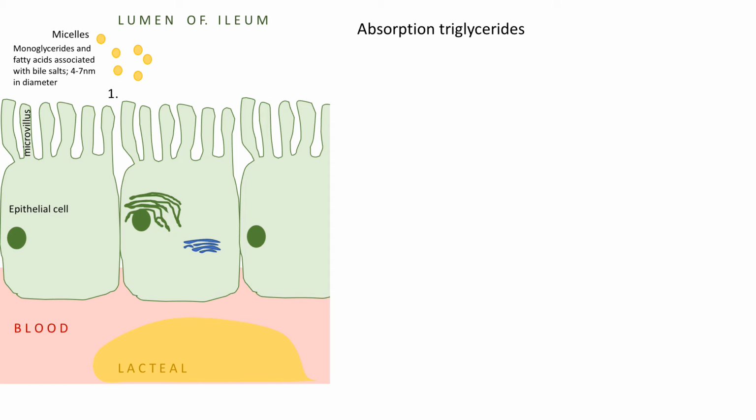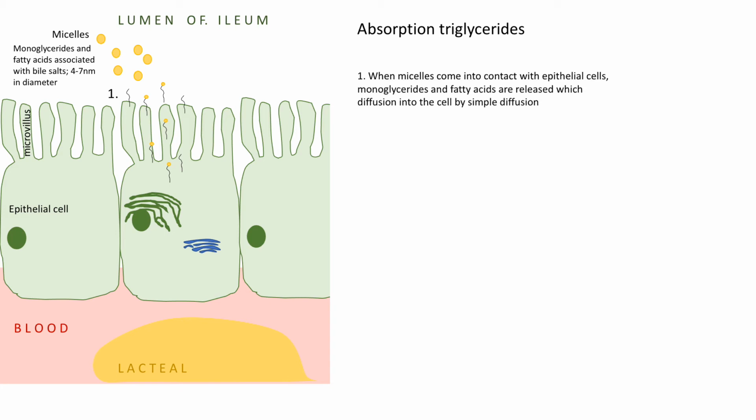In step 1, if those micelles come into contact with the membrane of the epithelial cell, they will release the monoglycerides and fatty acids they contain, a product of the action of those lipases. They can move into the cell by simple diffusion because they are lipophilic, so they can just pass through the membrane. That's step 1.